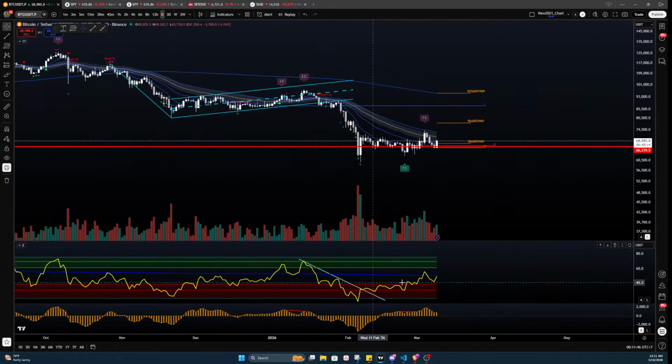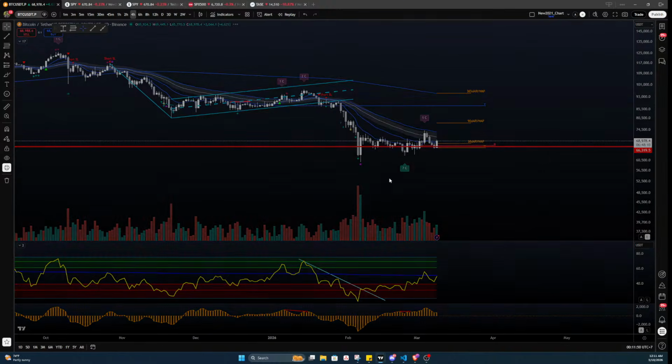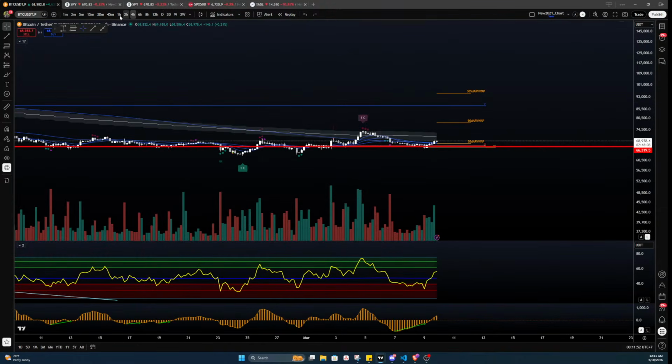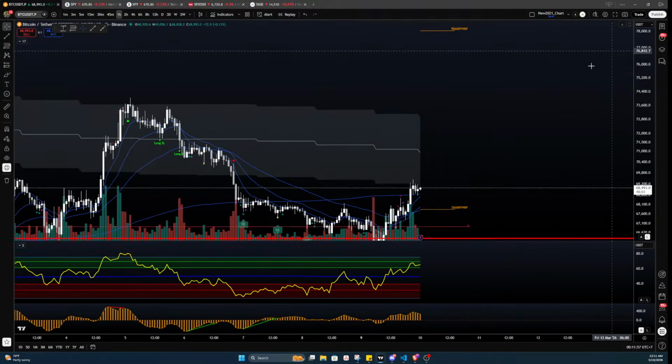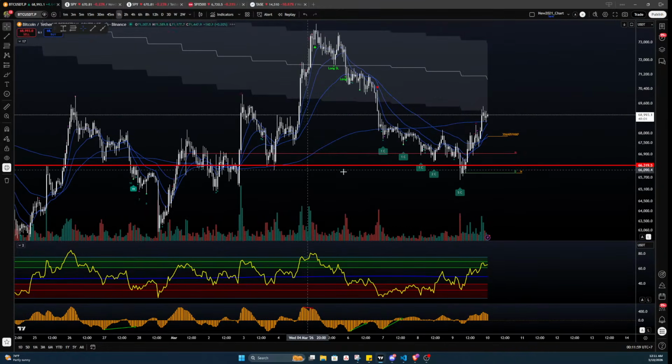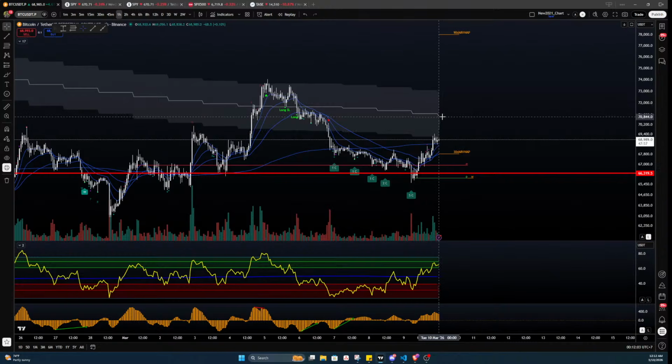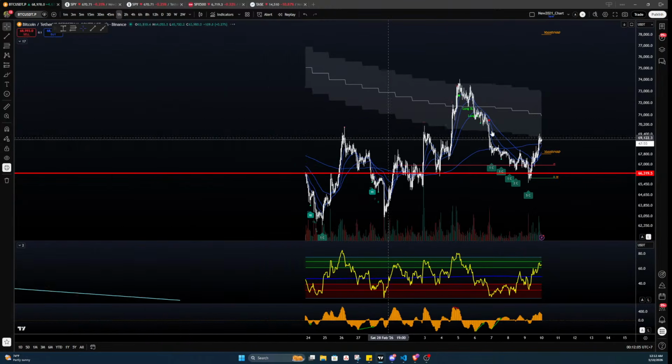Right, on a daily chart, it's still in a bullish uptrend. 4 hour, let's go even lower, broke out, right? You can go to a 1 hour, moving higher. You can see how they took out the low here. But you're going to run into resistance at 71.